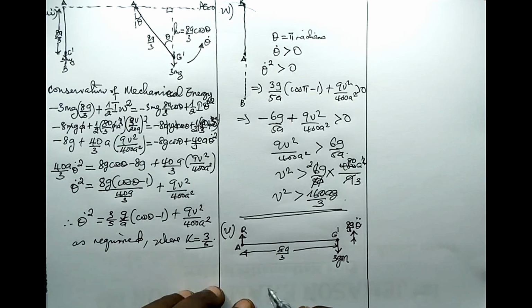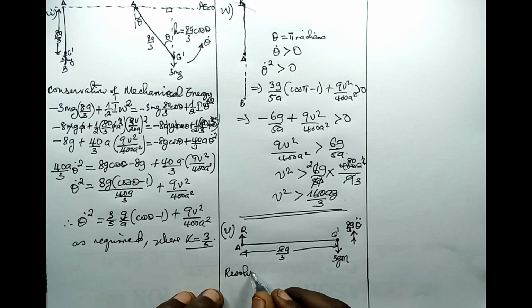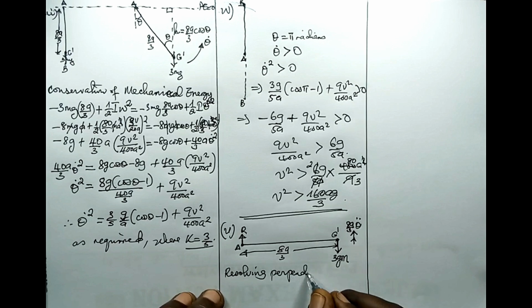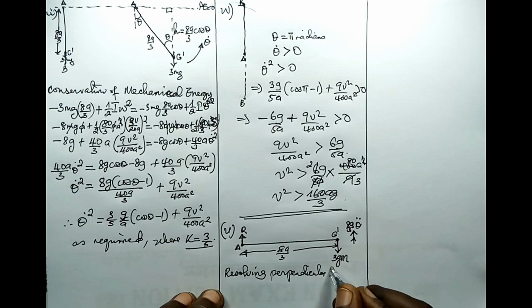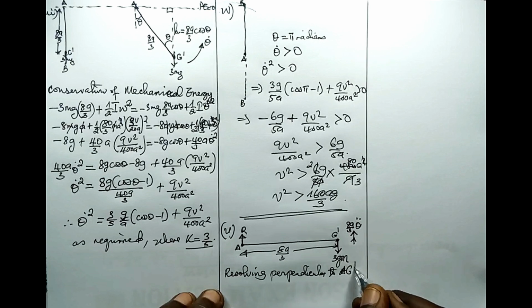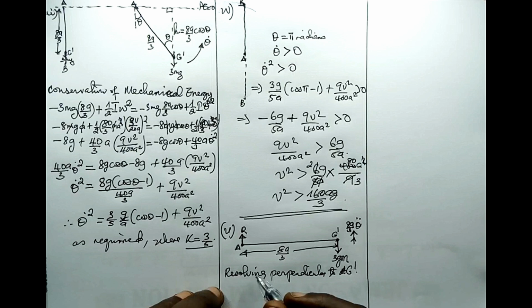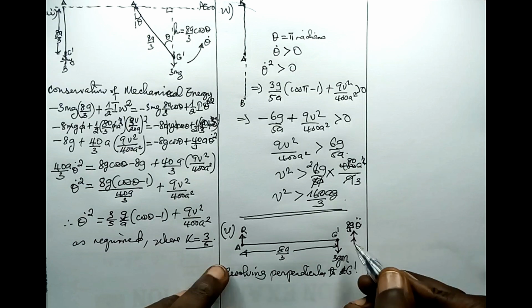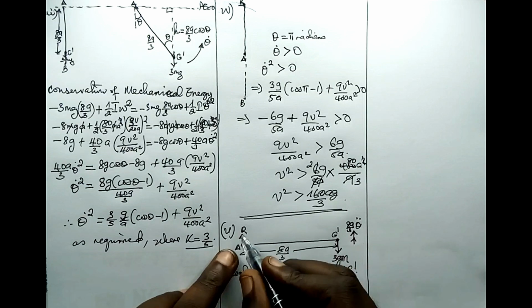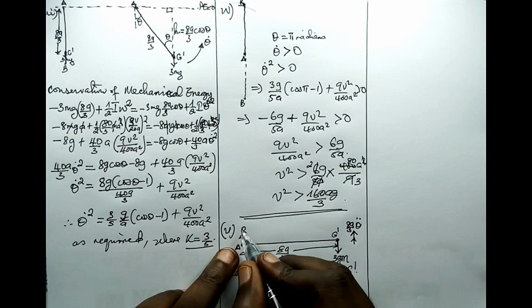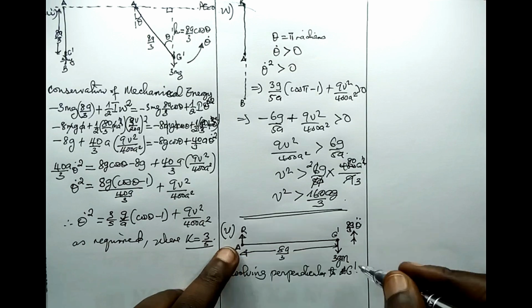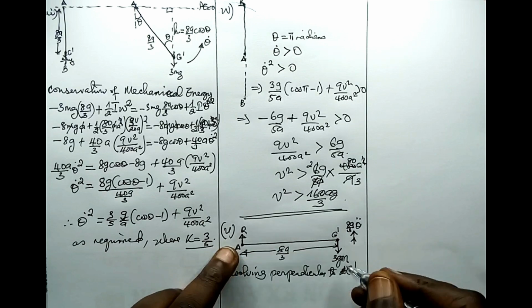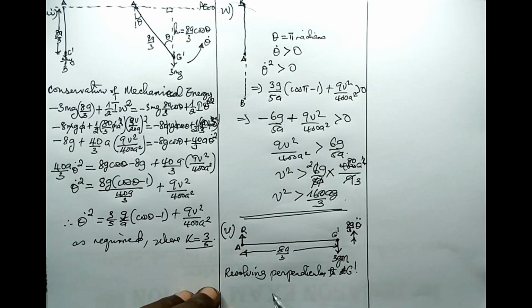So resolving perpendicular to AG prime, the acceleration is upwards, remember, so the forward force should be this R that we're looking for, and the backward force should be 3 mg.